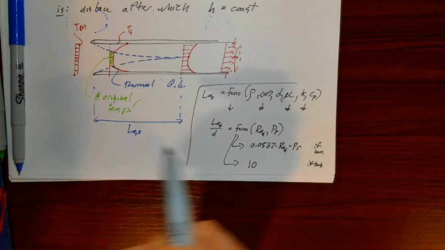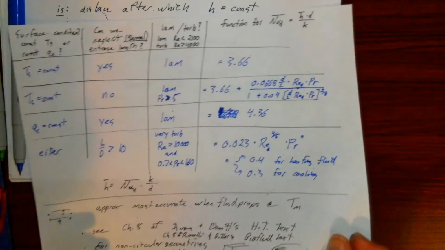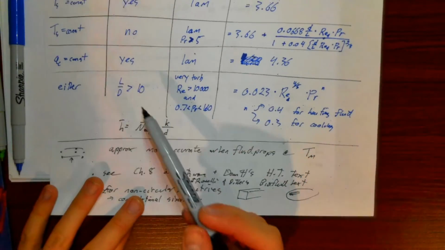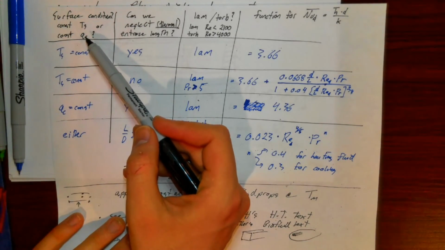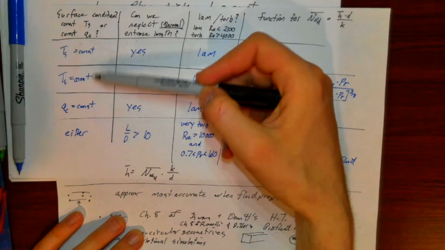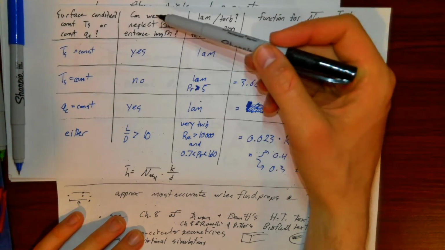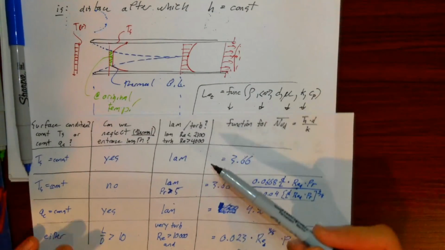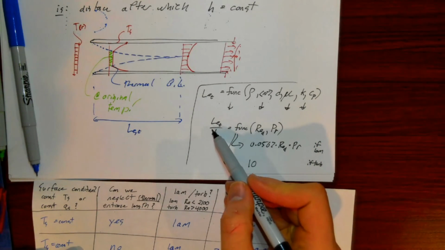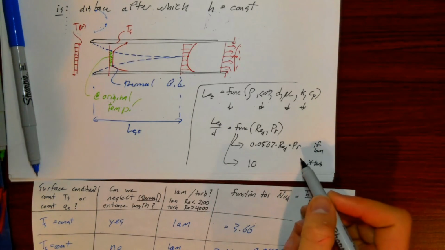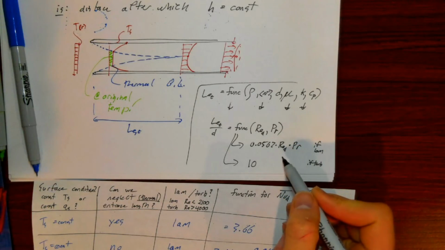So what would you do if you wanted to find your own h? Well, you would ask, what is my surface condition? Constant surface temperature, or constant surface heat flux. That might inform which one you use here. You then say, can we neglect the thermal entrance length? In order to do that, you need to calculate what the thermal entrance length is. You can look at two cases.